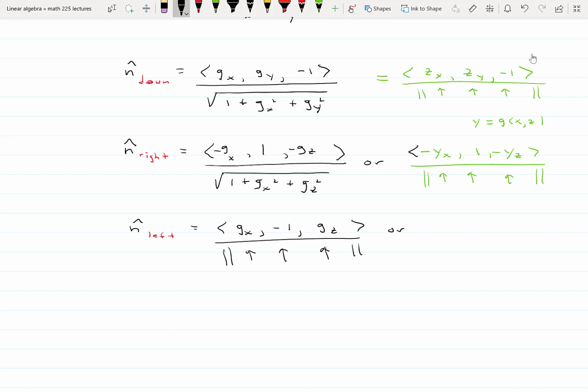Or in the simplified notation, y sub x, negative 1, y sub z, over the length of the vector above.